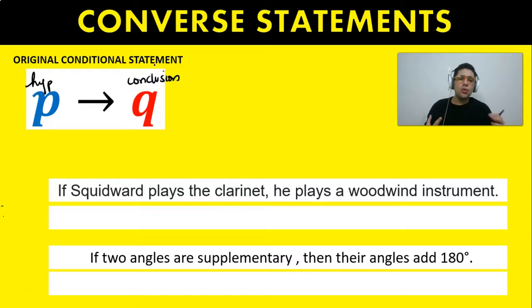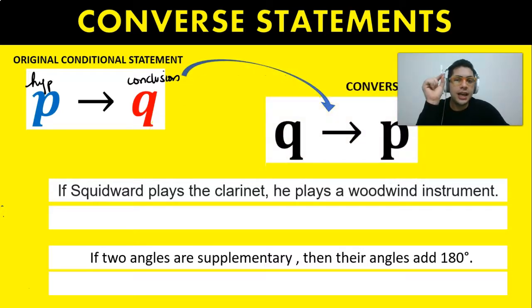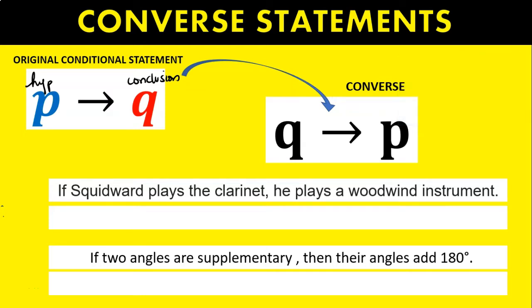Whenever we are finding the converse of the conditional statement, what we had as the conclusion is now our hypothesis, and what we had as our hypothesis is now our conclusion. This is what we call a converse statement. So now we have Q, then P. The first thing we have to do is identify P, identify Q, and then switch them.